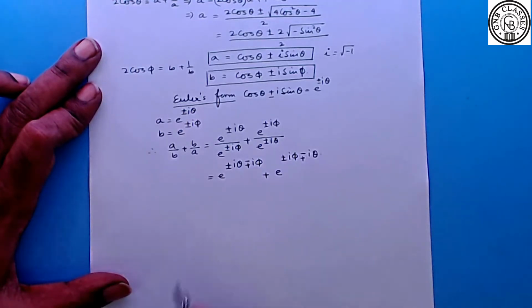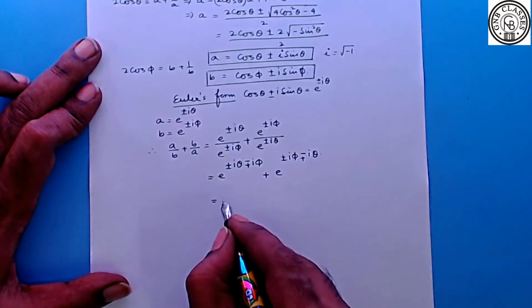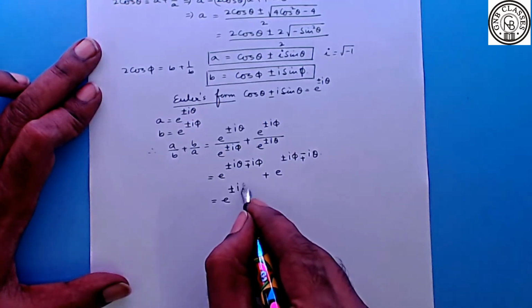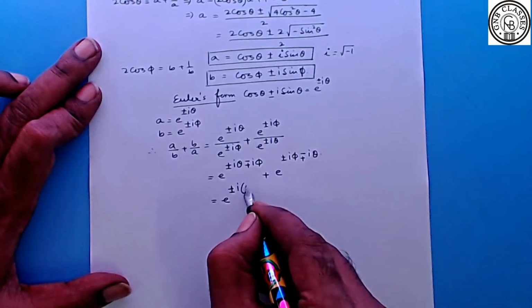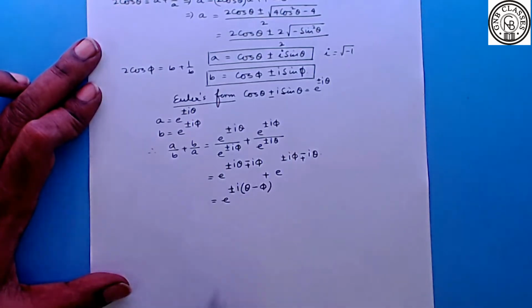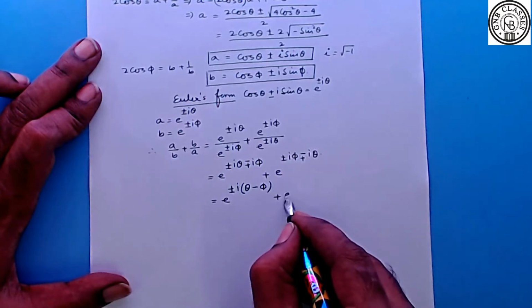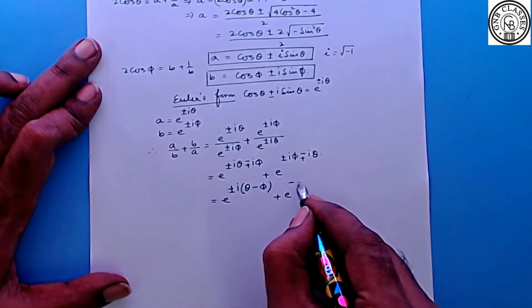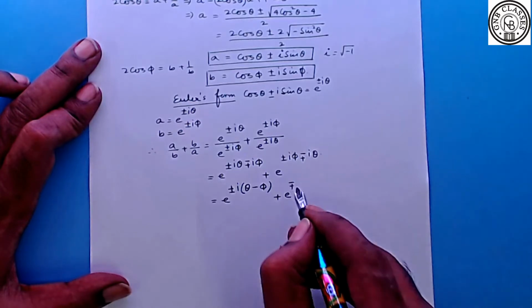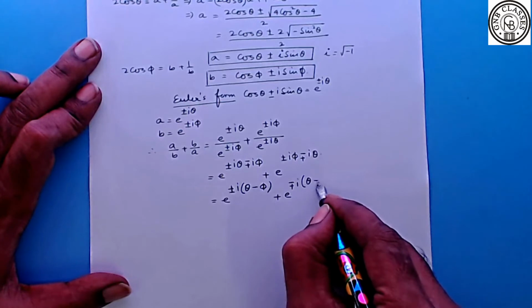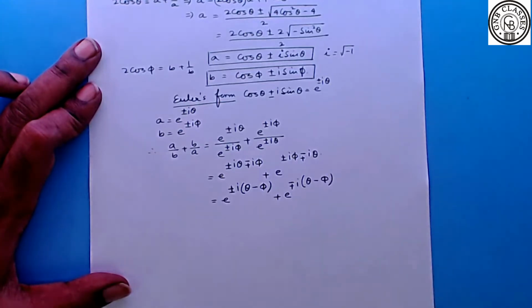Is it okay? So, if I take e to the power plus minus iota common, it will be theta minus phi. Yes or no? And from here, if I take e to the power minus plus iota, it will be theta minus phi. Tell me yes or no. Have you understood this?